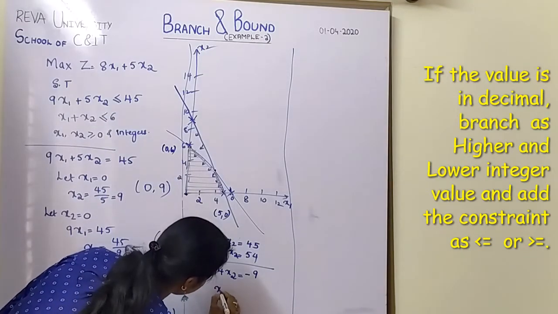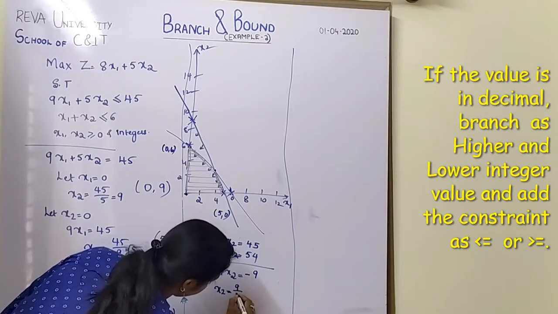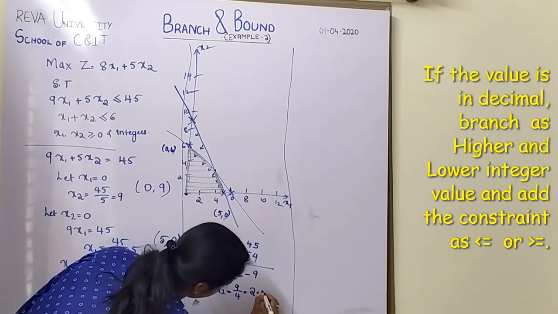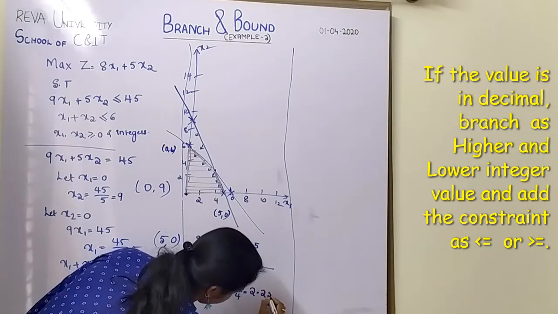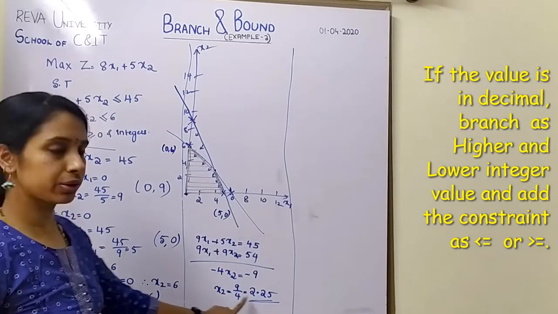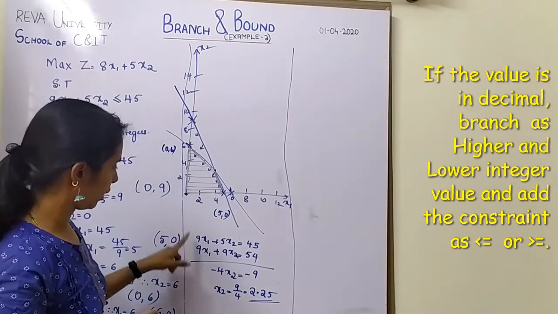So x2 equal to 9 by 4, which is 2.25. Correct? x2 will be equal to 2.25.